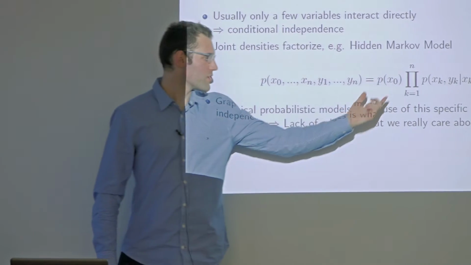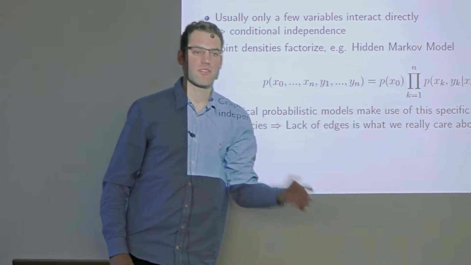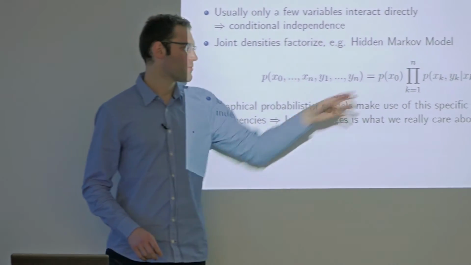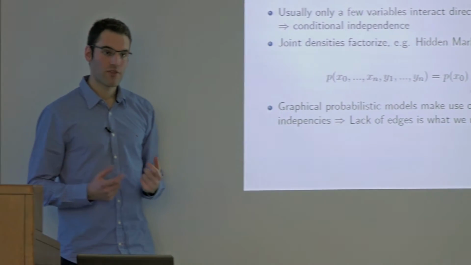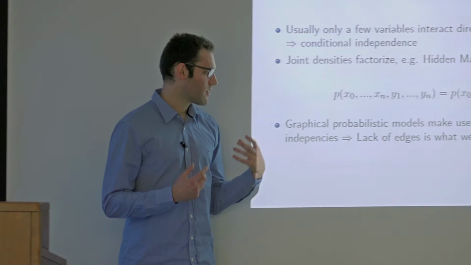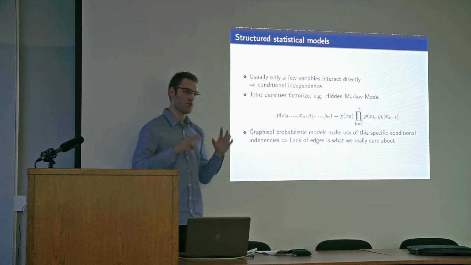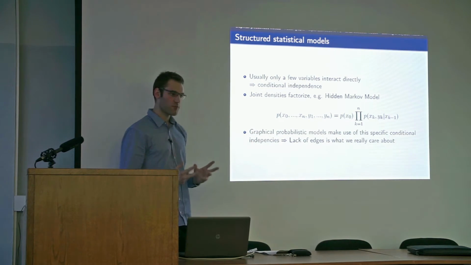We have a prior on the initial state, and then we have this Markov property that the current state depends on the previous state, and my observation depends on my current state. What we're going to use in graphical models is the lack of edges. The conditional independencies will help us to generate graphical models where we see how the random variables interact with one another.